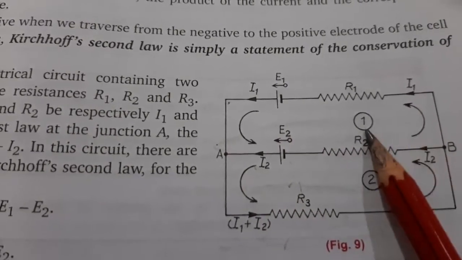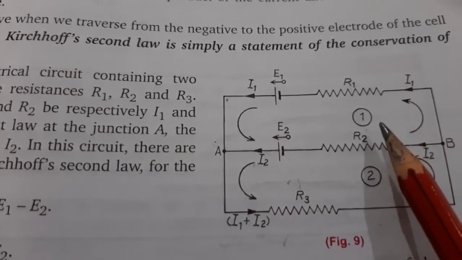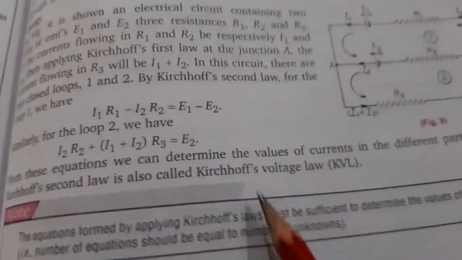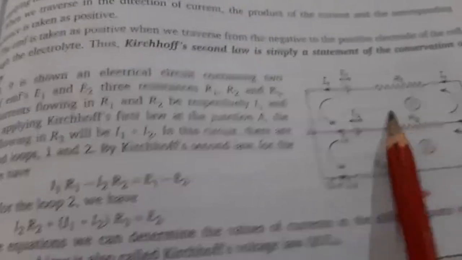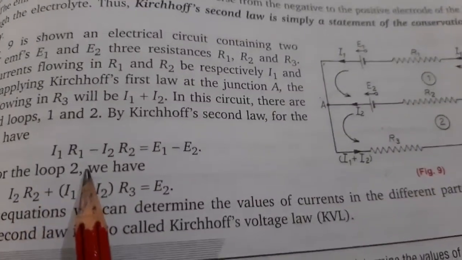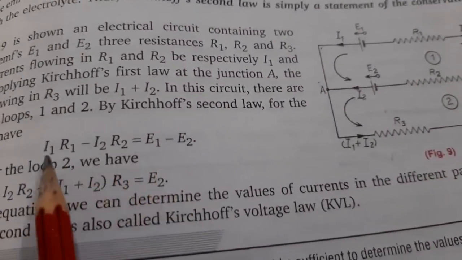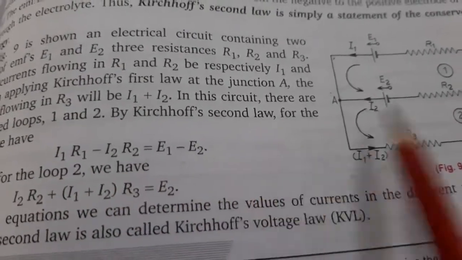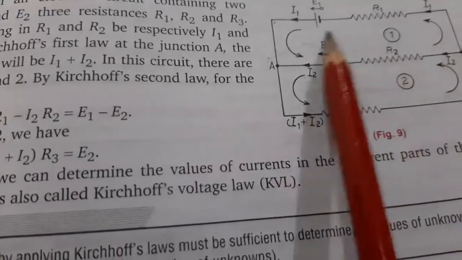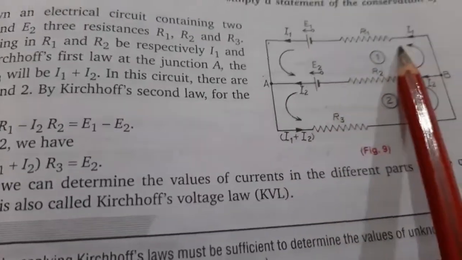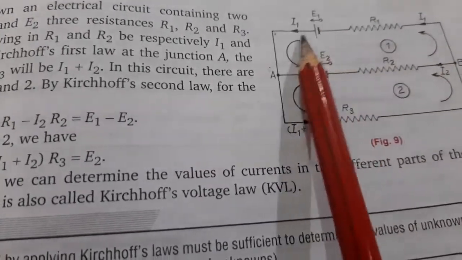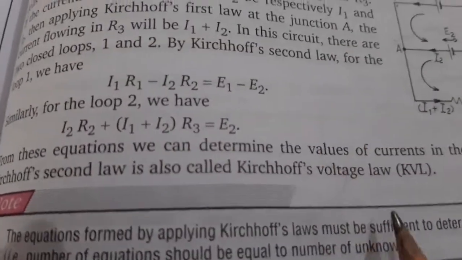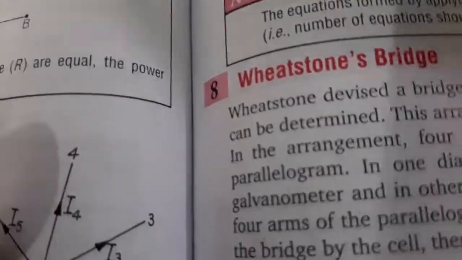So we can apply the second law for a loop, for a closed circuit. So for the first loop, we can see the total potential difference: I1 R1 minus I2 R2 minus E1 plus E2 is equal to 0. The total potential difference across the ends of a resistor and the plates of a cell will be 0. Okay, so these are very important rules, you can learn them.